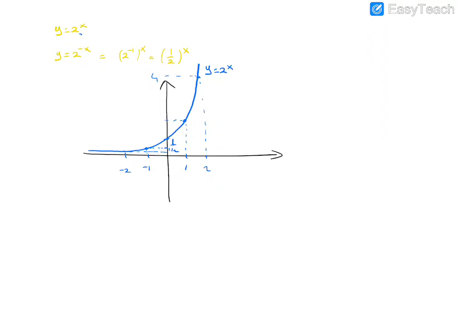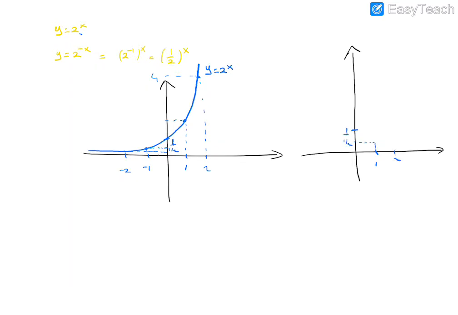If your function is y equals 2 to the power minus x, for x equals 0, again this is 1. For x equals 1, the value is 1 over 2.